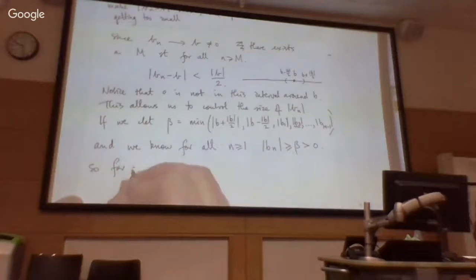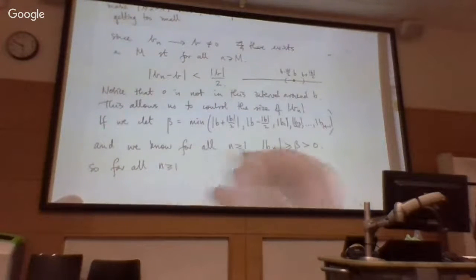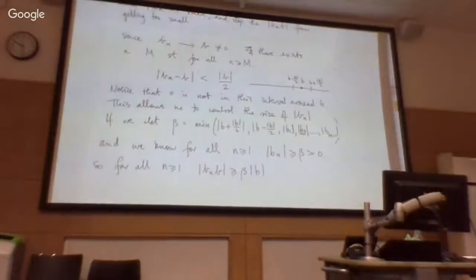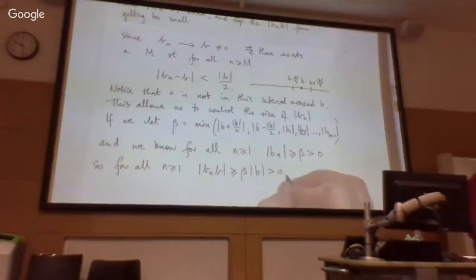So for all n bigger than or equal to 0, the absolute value of bnb is always bigger than or equal to beta times the absolute value of b. And that's a strictly positive number.